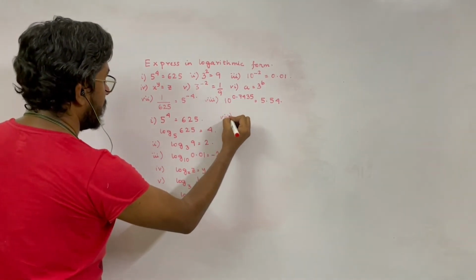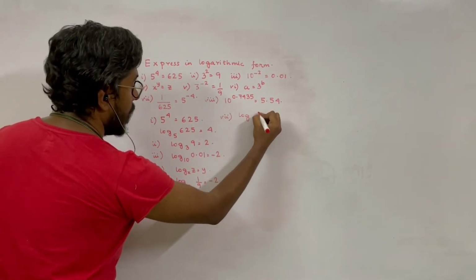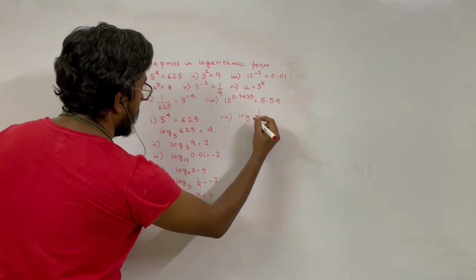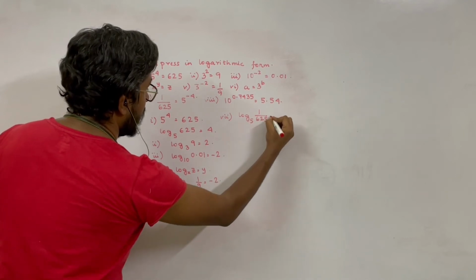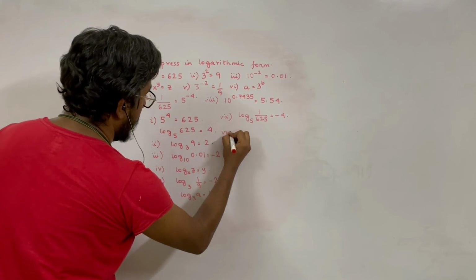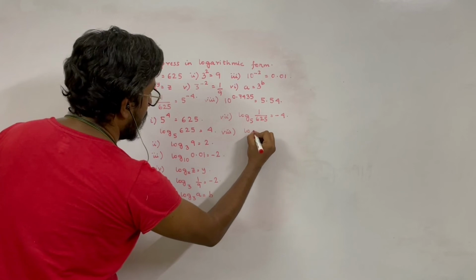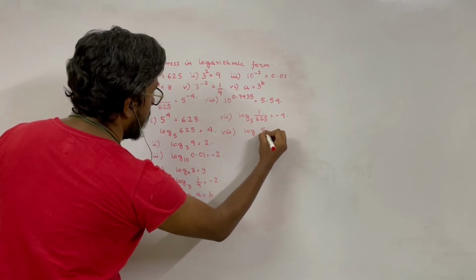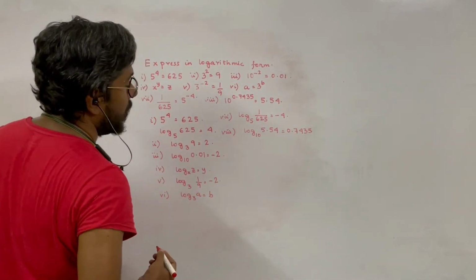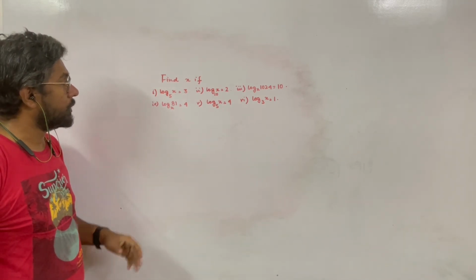Part 7, log 1 by 625 base 5 equals minus 4. And part 8, log 5.54 base 10 equals 0.7435. Moving on to the next type of sums, find x if.